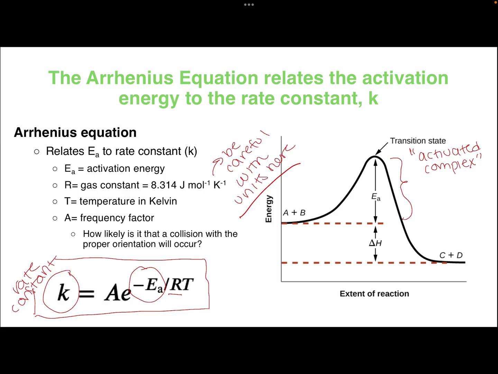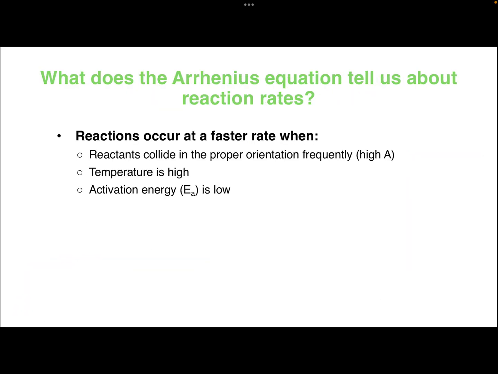All right, so that's K, E sub A, R. T is our temperature in Kelvin, and then A is that frequency factor, which reports on how likely it is that a collision with the proper orientation required for the reaction will actually occur. So let's look at a couple of key points about the Arrhenius equation.